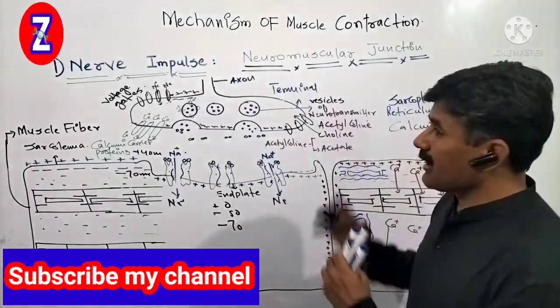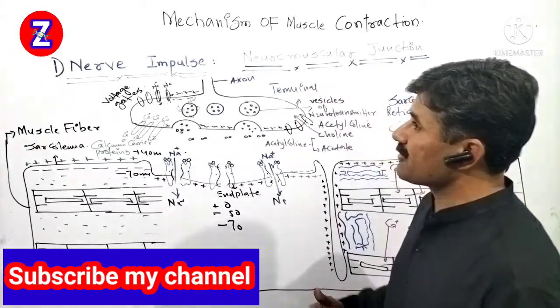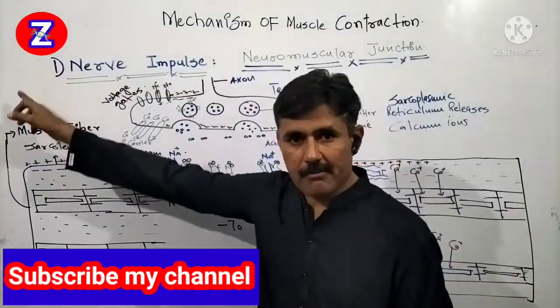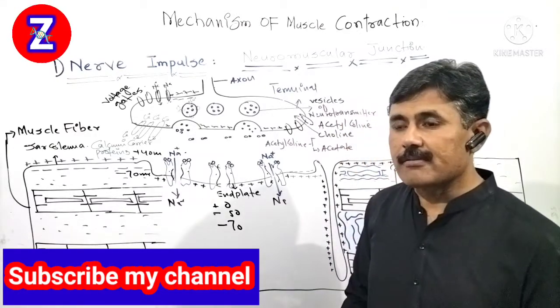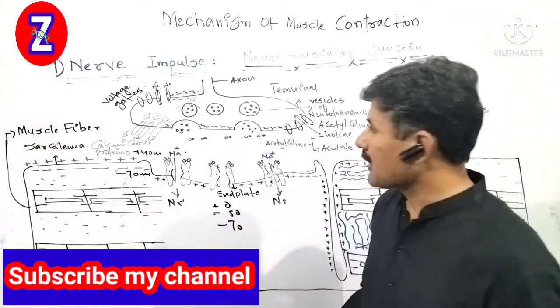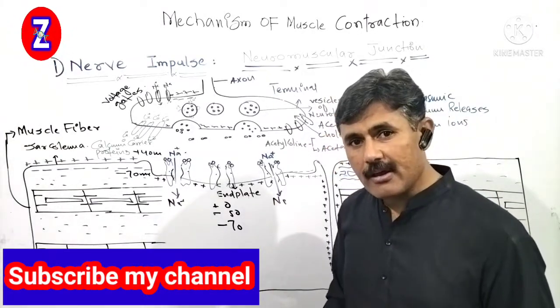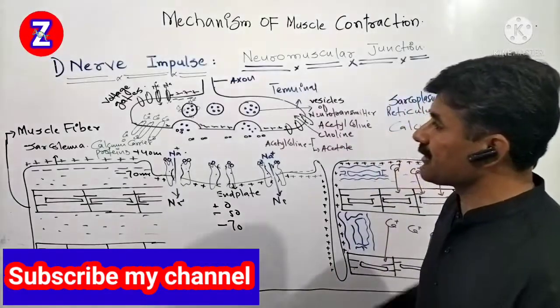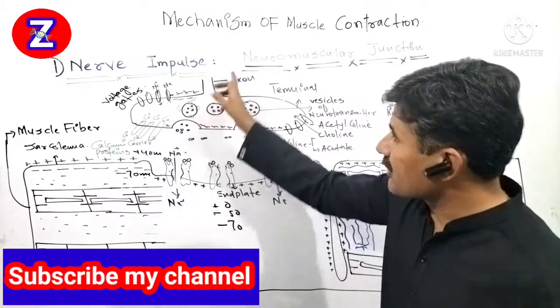The very first step in the mechanism of muscle contraction is the requirement of a nerve impulse. The nerve impulse leads to a muscle fiber with the help of motor neurons and motor endings. How the impulse is conducted from a neuron to a muscle happens in a structure that we are going to study today.